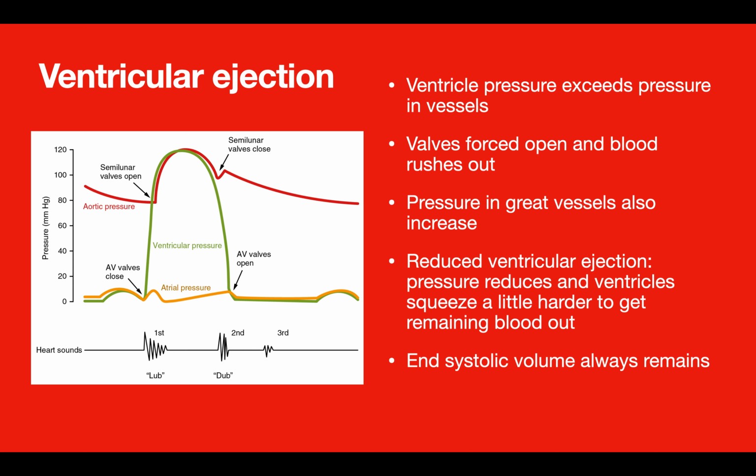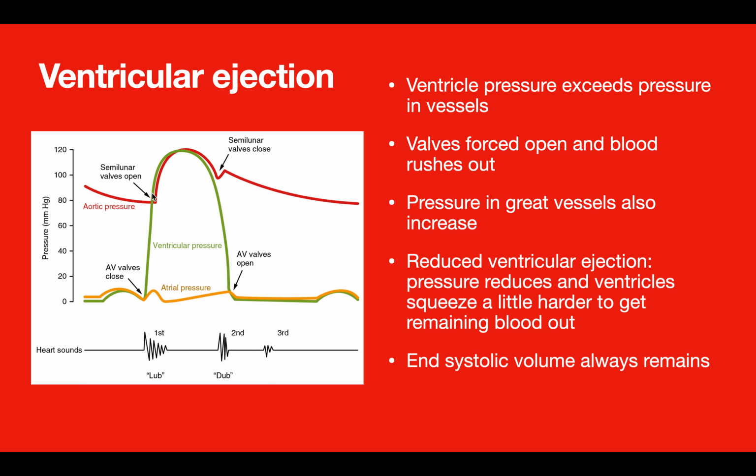Okay, so the ventricles will squeeze. It's like squeezing a balloon, right? So it will squeeze until the pressure in the ventricle exceeds the pressure in the vessels, and then the valves are popped open and the blood goes out. So here you go, AV valve closes, and then aortic pressure is about here, right?